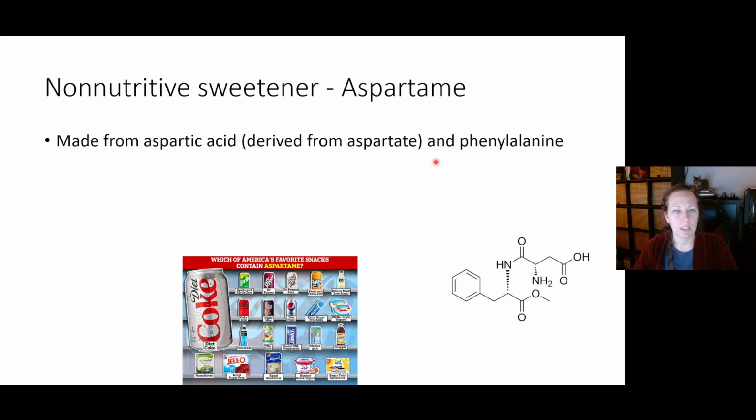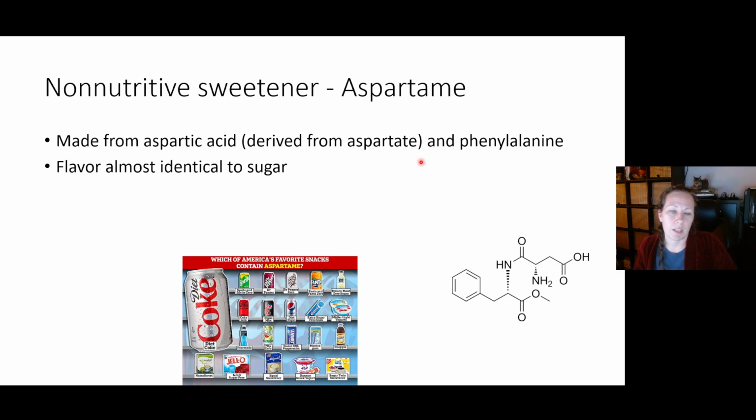Aspartic acid and aspartate are essentially the same. It's just that aspartic acid has 1 extra hydrogen, and they go back and forth between aspartic acid and aspartate quite easily. It's just donating that hydrogen. Both of them are considered the same amino acid essentially, but the name is different whether it's an acid and has that hydrogen or not.